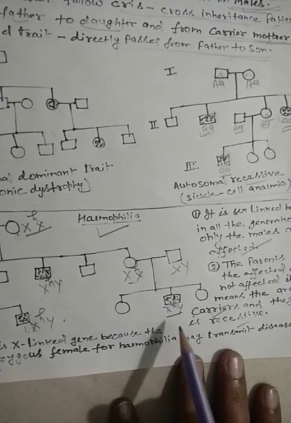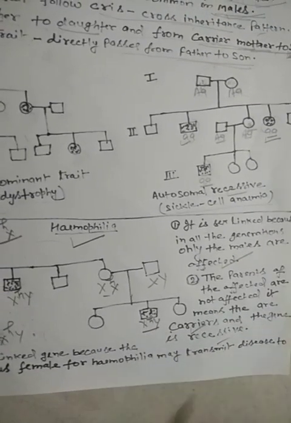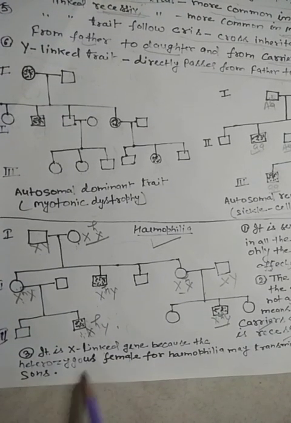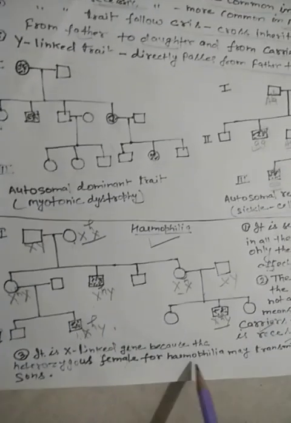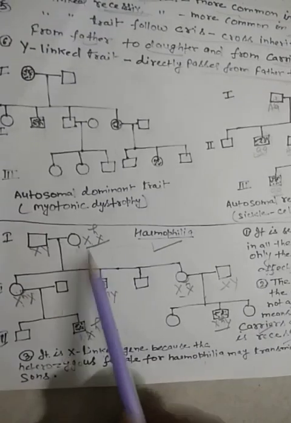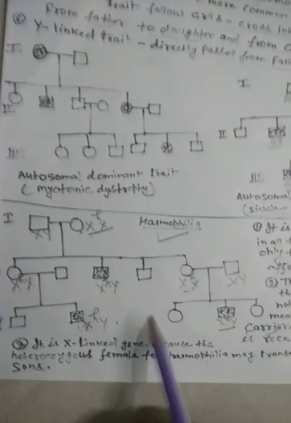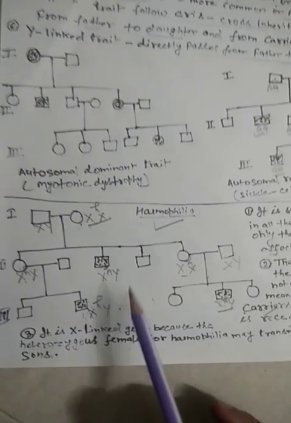It is an X-linked gene, because the heterozygous female for hemophilia may transmit the disease to the sons. Here she transferred the disease to the son. Here also this mother transferred it to the son. Here also this mother transferred this disease to the son. So it must be sex linked and recessive.